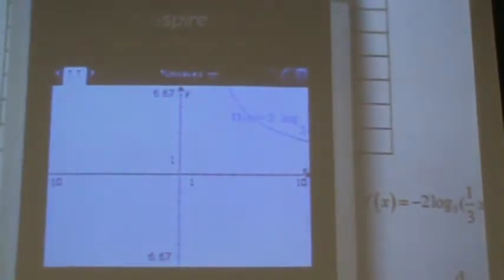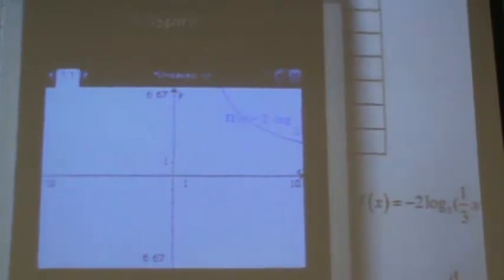Okay, there's my graph. Now, you're responsible for sketching this graph. How are you going to go about sketching it? I don't want you to just throw a curve somewhere in quadrant 1. I expect you to be able to do translations. Find some points. How are you going to locate those points? Control T.